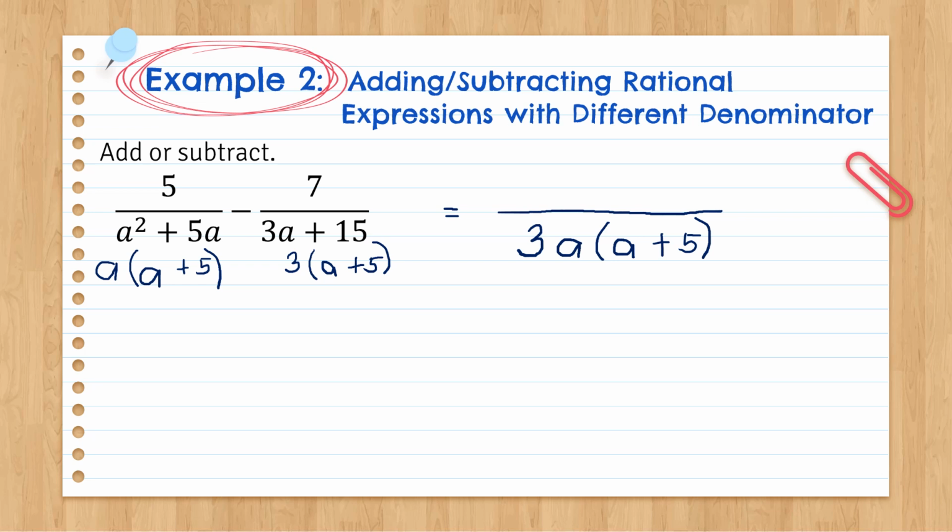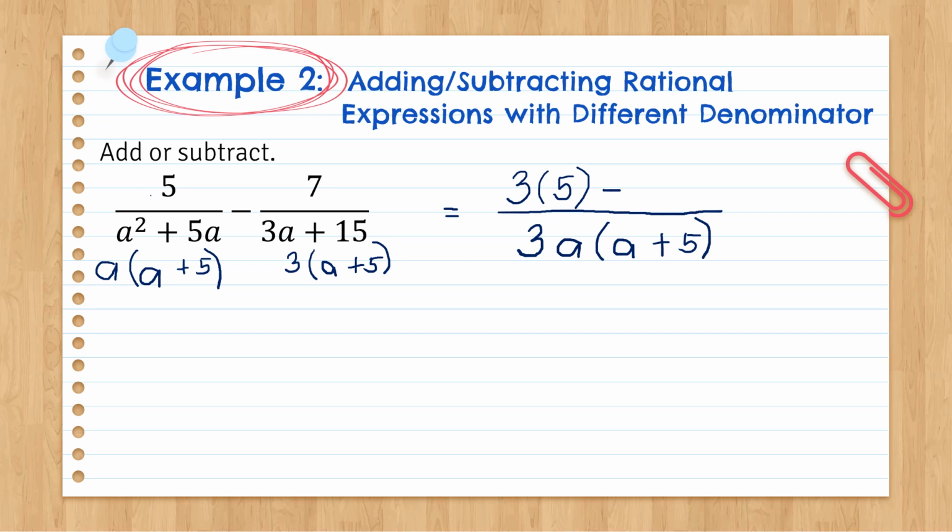Now, compare our original denominator with our new denominator. Yes, we are missing 3 on this one. So we multiply 3 to our numerator. So that will give us 3 times 5. We copy the sign. So this is negative.